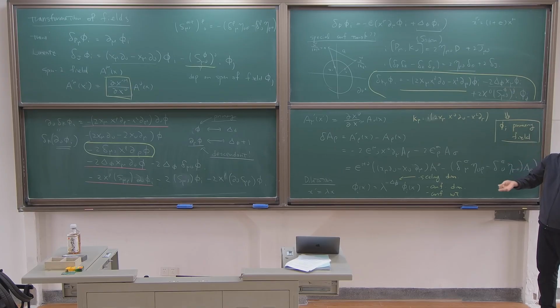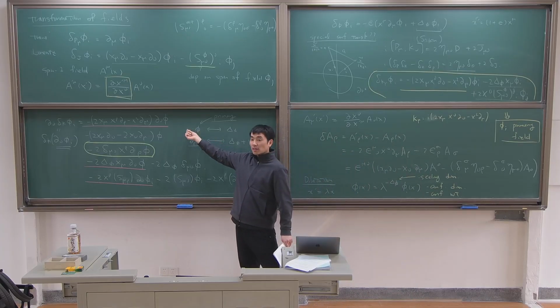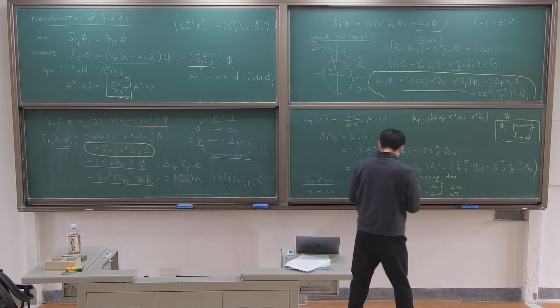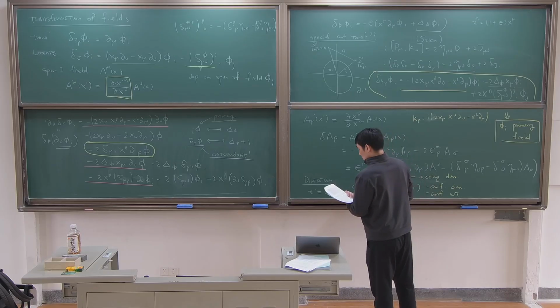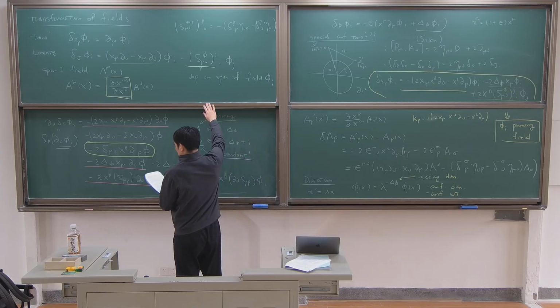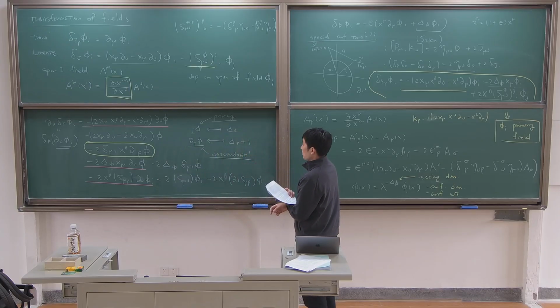That's why the primary field plays a very important role in conformal field theory. And if you keep acting with derivatives on the primary field, you get the so-called descendants.